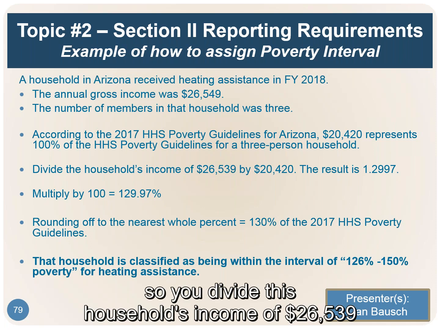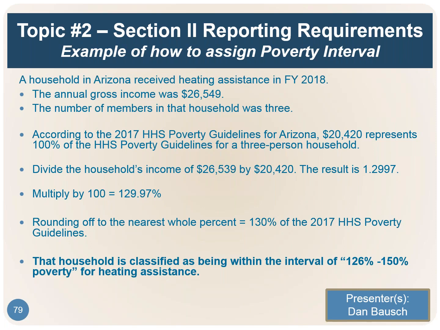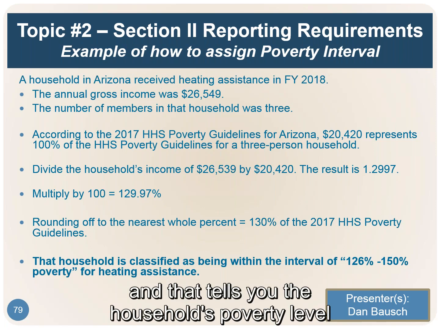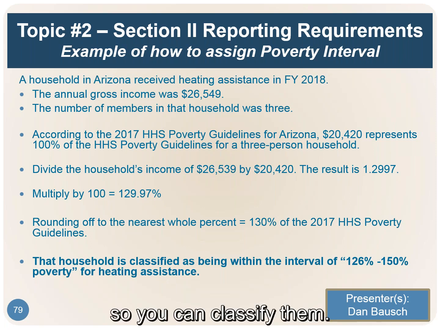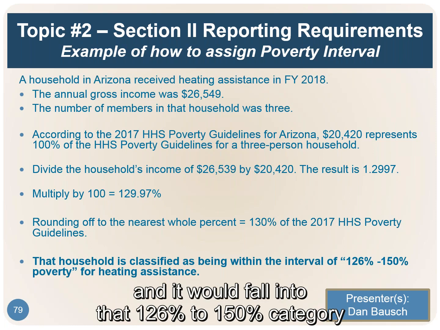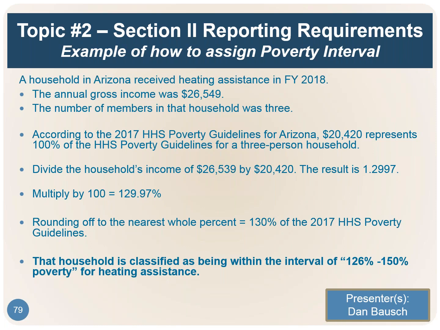So you divide this household income of $26,549 by the guideline amount. And then you multiply the result, and that tells you the household's poverty level, so you can classify them. And in this case, this household has a value of about 130%. That would fall into that 126% to 150% category in the household report.